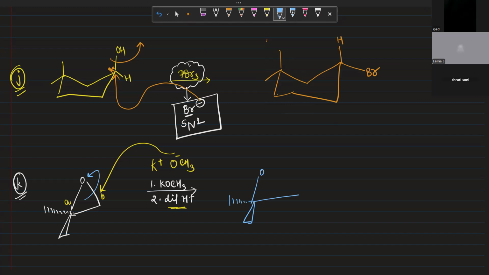So it will convert into O minus, and OCH3 will come here. The K positive will attach to this O minus. After this, in the second step, when dilute H positive is added, the K positive will be removed, and this will convert into OH, with OCH3 on the other carbon, like this.